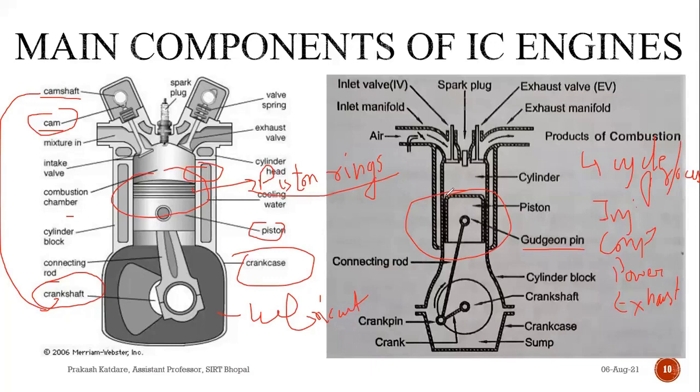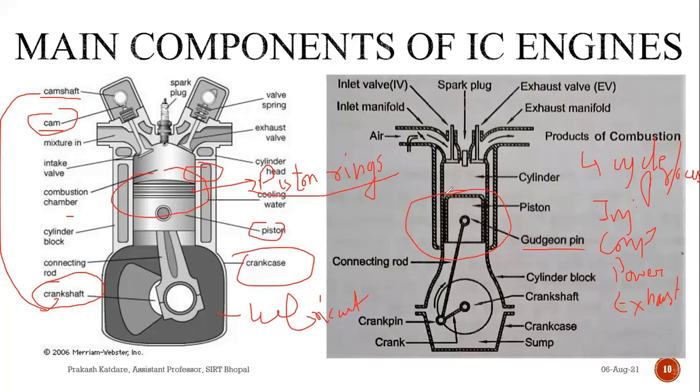To make it uniform, we have placed a flywheel. We want a uniform output so that the operation of the engine does not fluctuate very much. If in one cycle the power output is very high and in another cycle it is very low, it will create damaging effects on our engine.